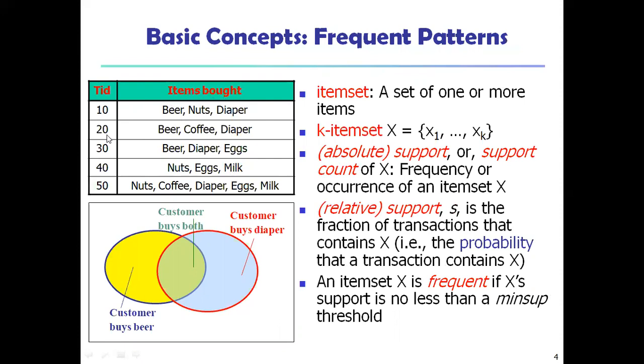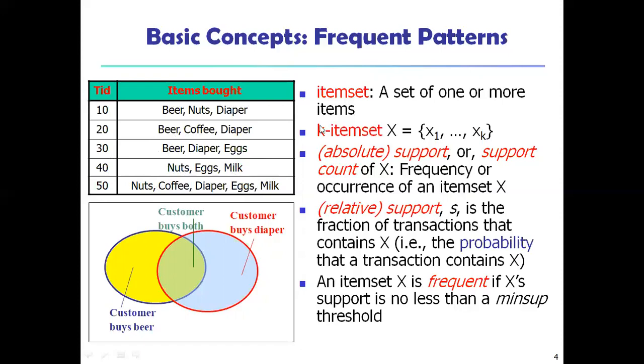In transaction 20, they bought beer, coffee, diaper. In 30, you see beer, diaper and eggs. In transaction 40, you can see nuts, eggs, milk. In transaction 50, you see nuts, coffee, diaper, eggs and milk.